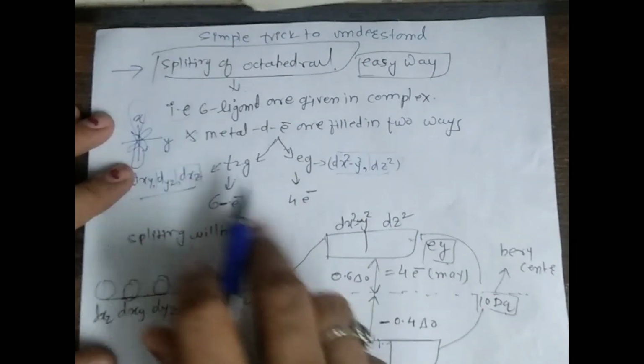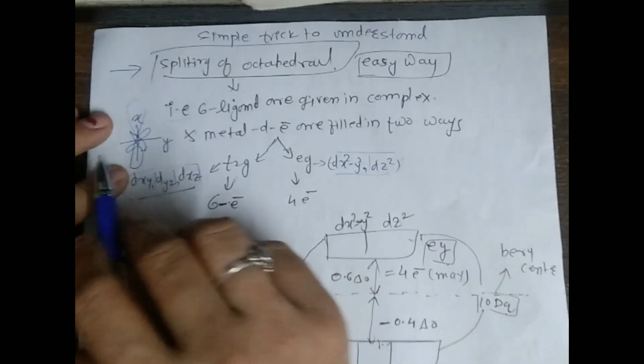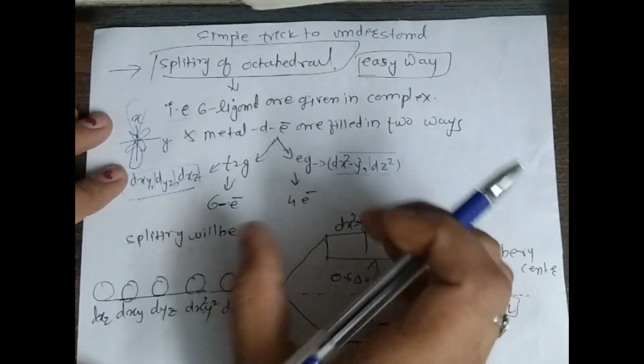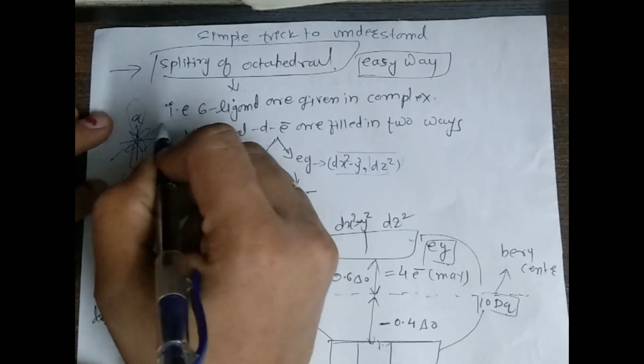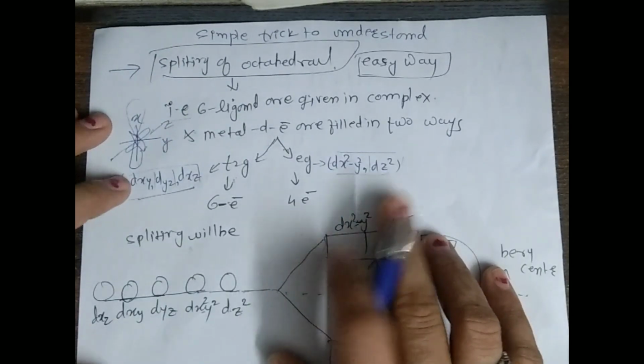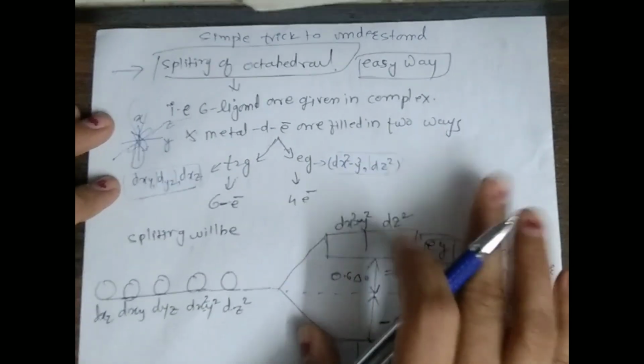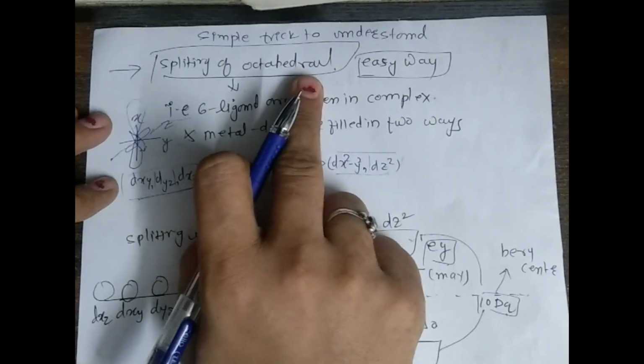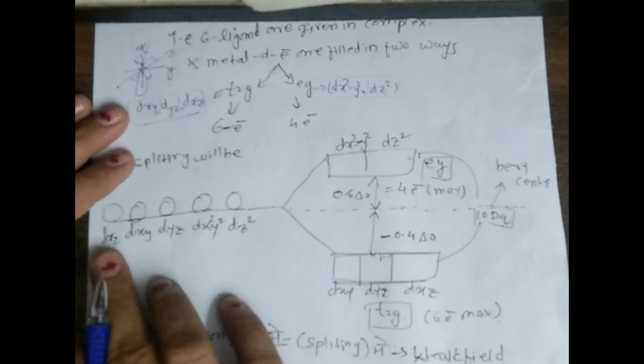This is the x axis, or it may be the x, y or z axis. The z axis is the imaginary axis in this case. So the splitting of octahedral complexes is like this.